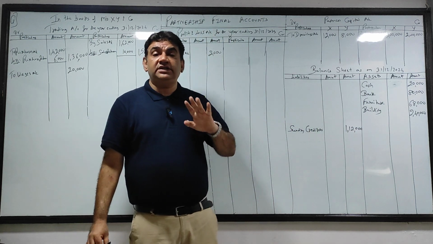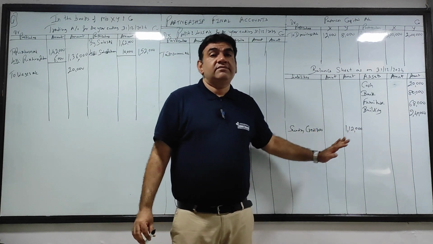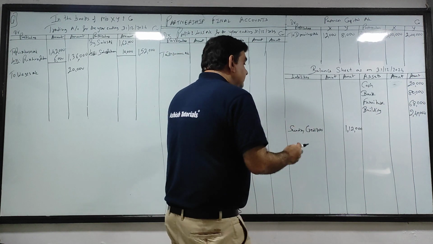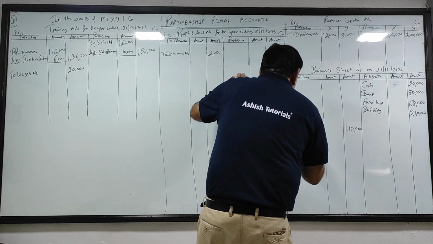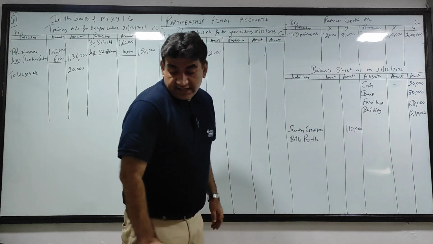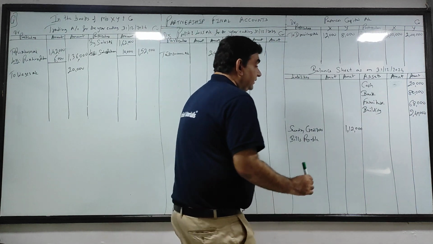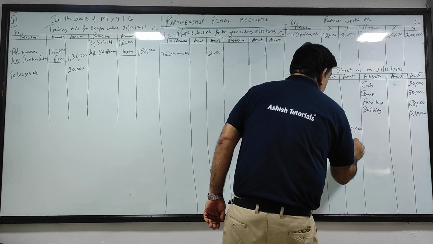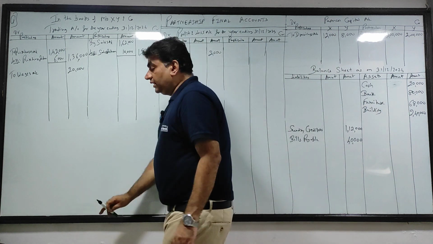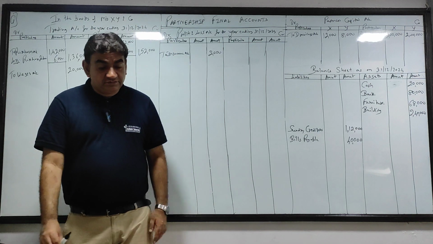Right now, receivable, asset, payable, liability. What it says? Payable. Therefore, it's a liability. Come to the liability side, below creditors, right there, bills payable, directly outside 40,000.